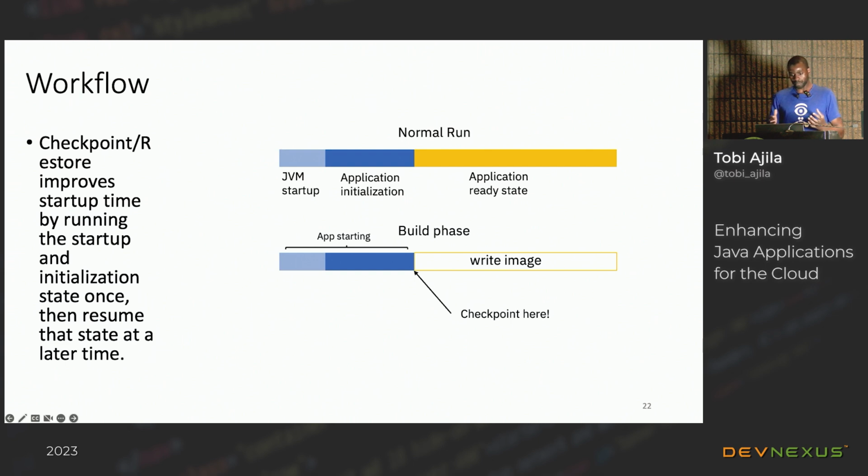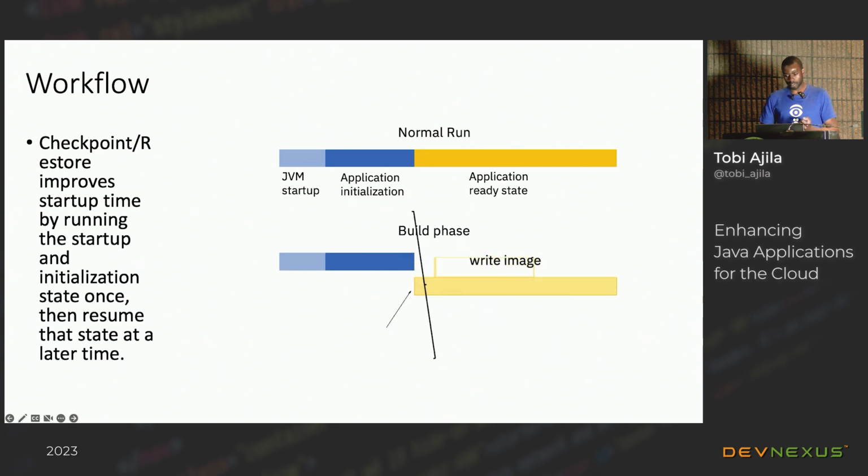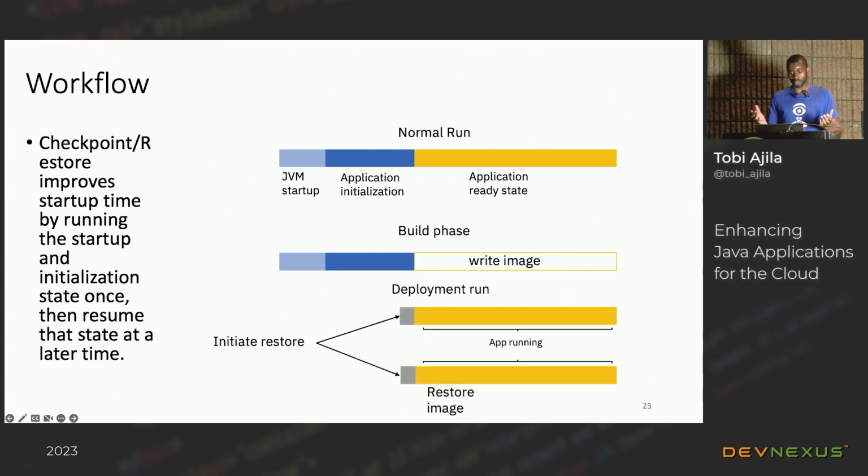And so you've built a ready application within your container. And then at deployment, all you do is use the CRIU utility to restore that image, and it just continues. That's the benefit of this approach: there's a much shorter path to the application ready state. So this is how you get the big startup boost with CRIU.